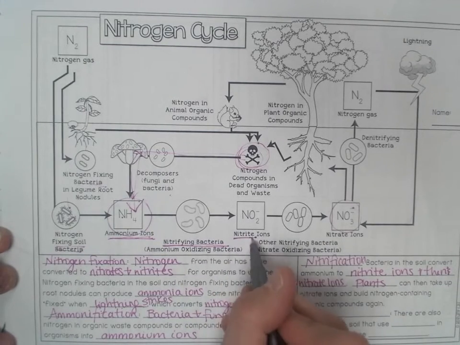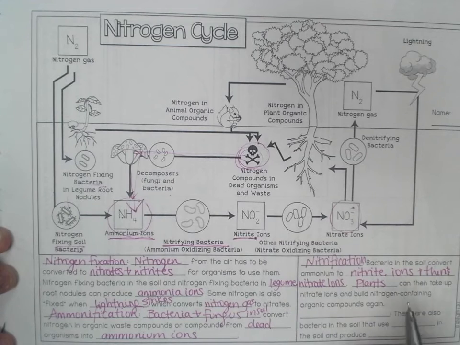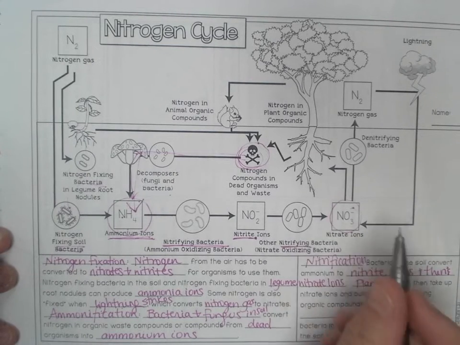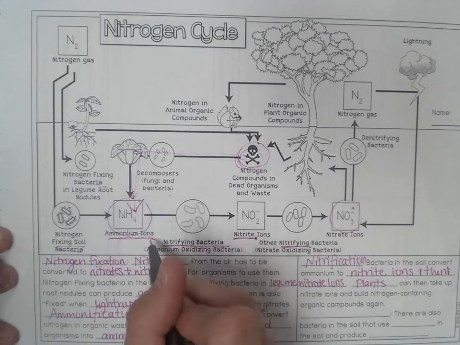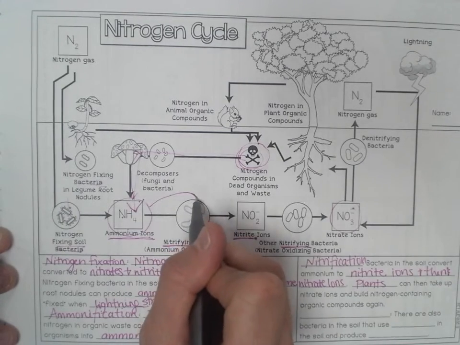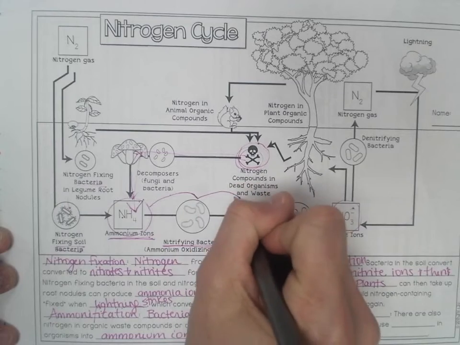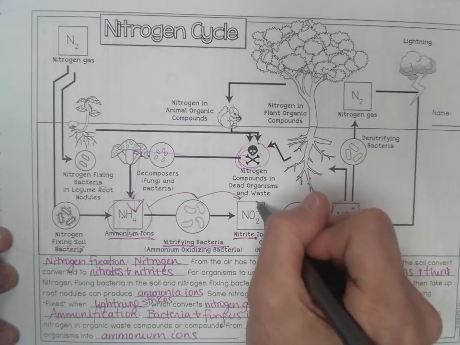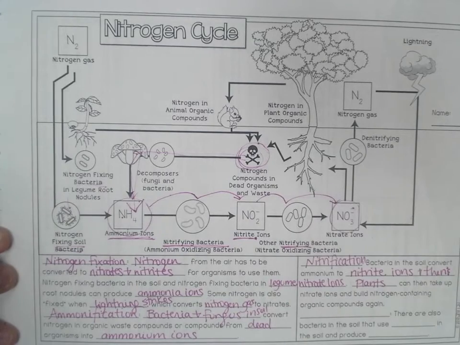Okay, so then the nitrite can be once again converted to nitrate. So we have a process of ammonium going from ammonium to nitrite and then nitrite to nitrate.